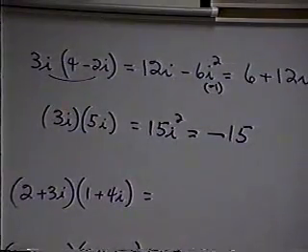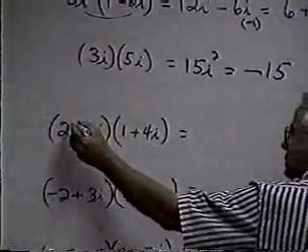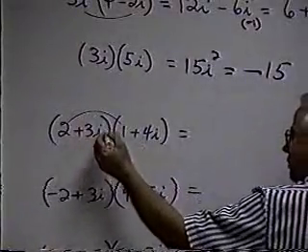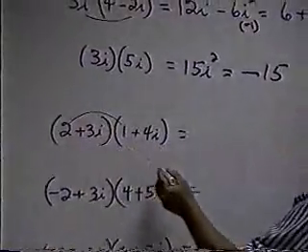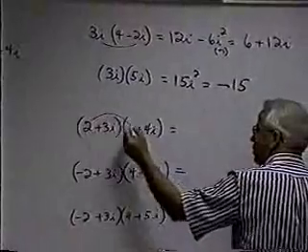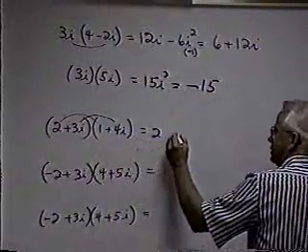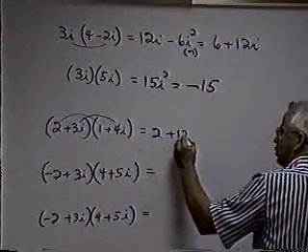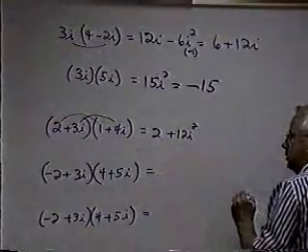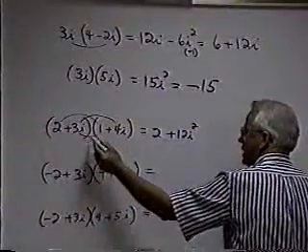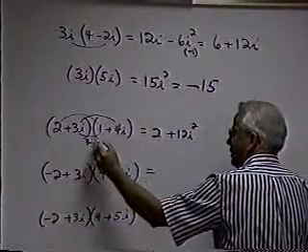All right, so now let's look at the next one. The next one is by the FOIL method. You now have a full complex number times a full complex number. So we do the first times the first, that's 2. Last times the last, I'm going to go ahead and write it down, plus 12i squared. The inside is a plus 3i.